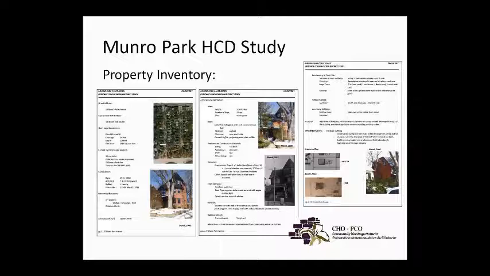So the result of that you see in this map that was part of the study, and it set out the criteria for identifying which of those buildings were what I call keepers, ones that you want to keep. And the study referred to them as heritage buildings. In some heritage conservation districts, they refer to them as contributory buildings.